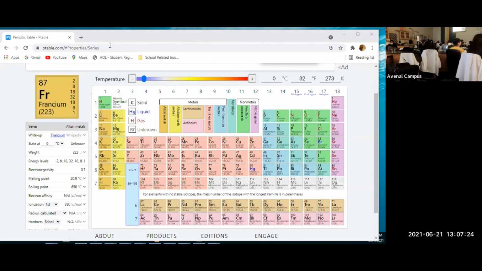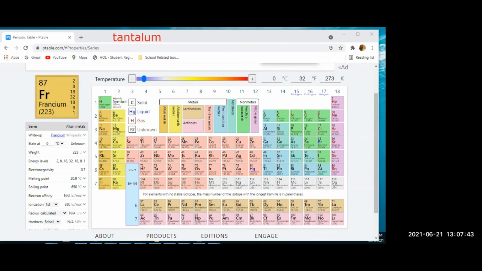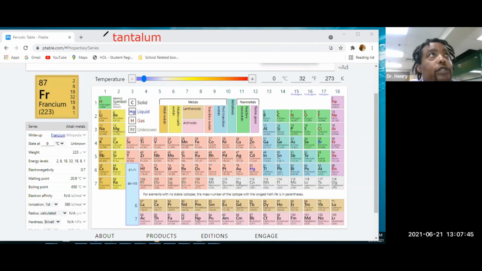Let me spell it for you. Tantalum. So what is the formula? Ta, the chemical symbol Ta. Okay, so we have Ta.